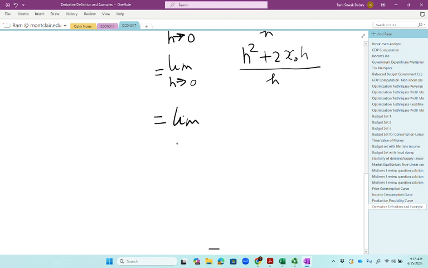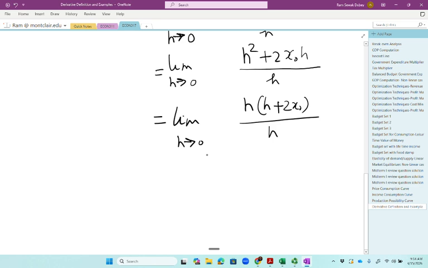So limit h going to 0, h times, so it was h square, only h will remain. So I obtain h in the first term, then 2x0 multiplied by h. I have factored out h, so what remains is 2x0, and I am dividing it by h.